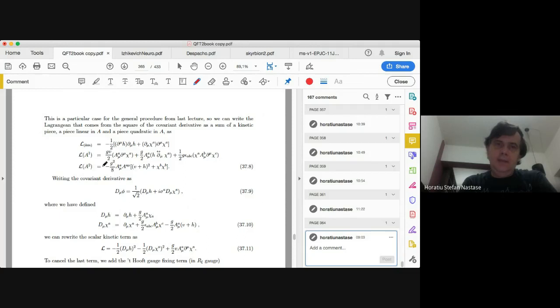And finally, there's a piece quadratic in A, which is minus g squared over 8, A mu a squared, times ((v plus H) squared plus chi b squared), which of course also contains the mass term for the gauge field in the term with v squared. So the mass is, as usual, g v over 2.